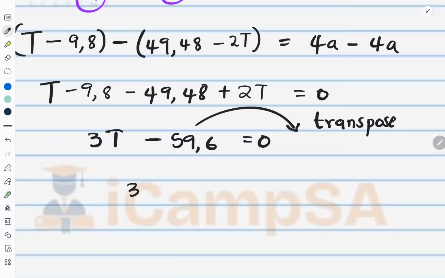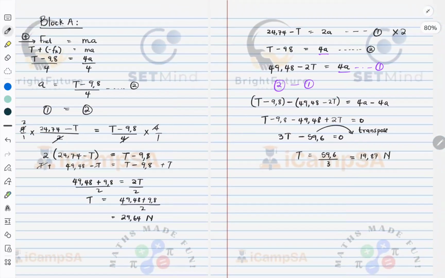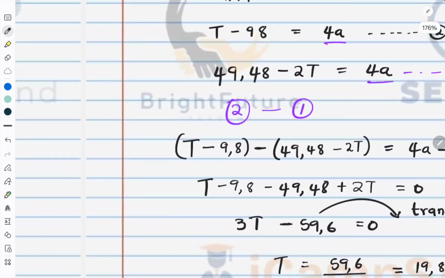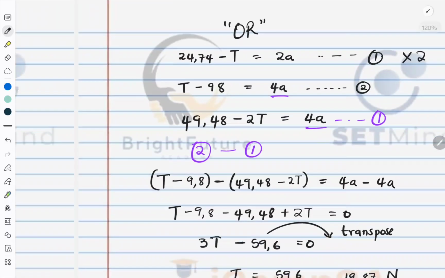Right, you'll have t simply being 59.6 divided by 3, which should give you 19.87 newtons. Let's check if it matches our answer before. That's your answer if you use this method. So it's up to you which one you prefer.